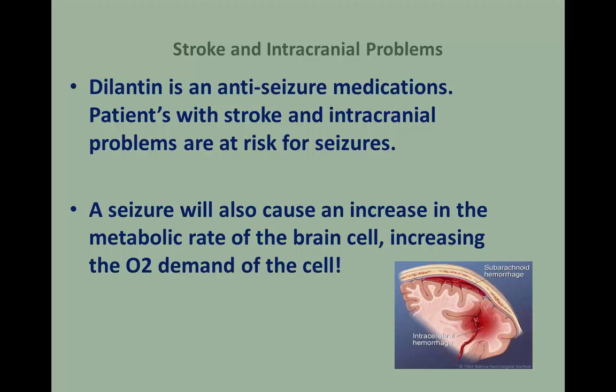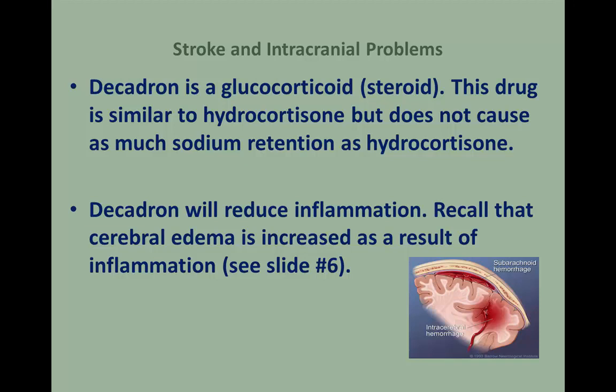Again, CPP can always be reduced because of the brain swelling, and therefore, when you have a higher demand for oxygen, you may not be able to meet that demand, and therefore you have to be sure and chill, sometimes literally, like cool these brain cells down so that the metabolic demand is decreased. And you definitely don't want anything that will cause an increase in oxygen demand or the metabolic demand.